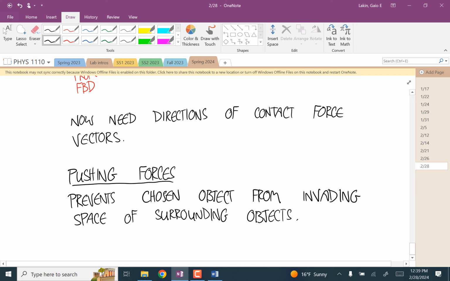Like if I ran at the wall, it would apply a very sudden force to me that kept me from merging, blending through the wall. Okay, that's a pushing force.